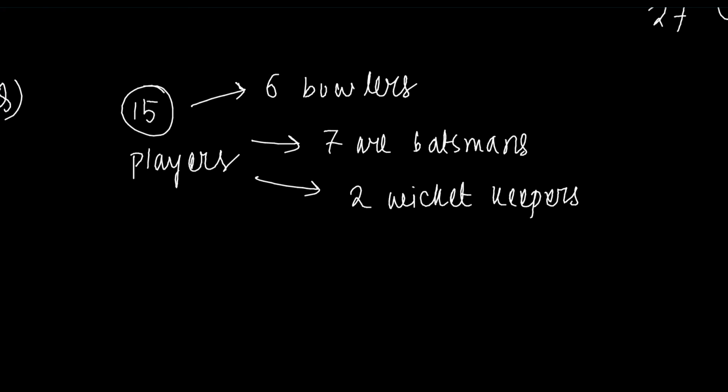We can take 5 bowlers, or 6 batsmen, or 2 wicket keepers. If we take 5 bowlers in place of 4, we take 5 batsmen and 1 wicket keeper. In the second case, if we take 6 batsmen, we take 4 bowlers and 1 wicket keeper. In another case, we take 2 wicket keepers, 4 bowlers and 5 batsmen.